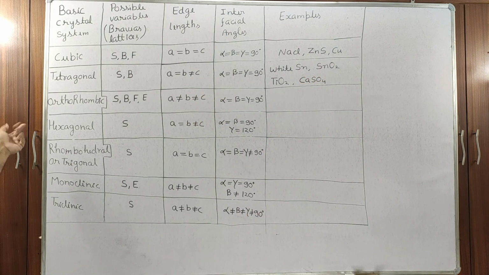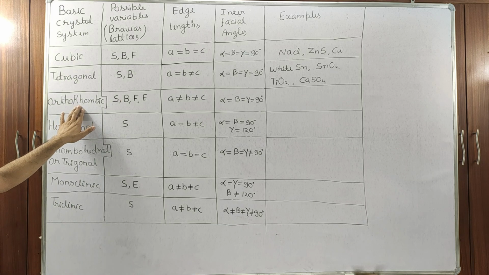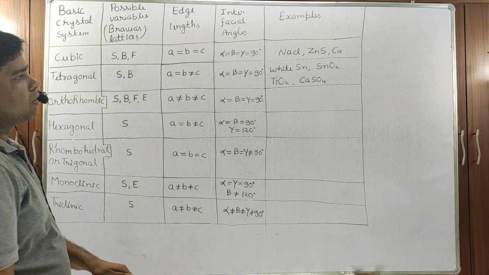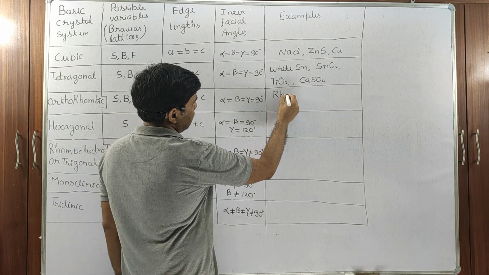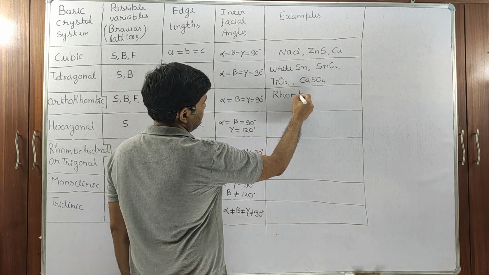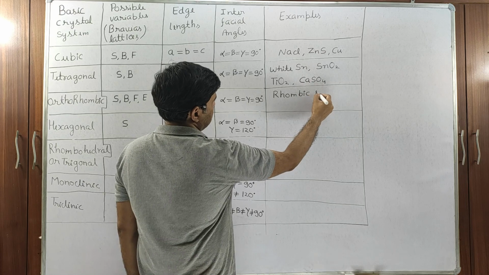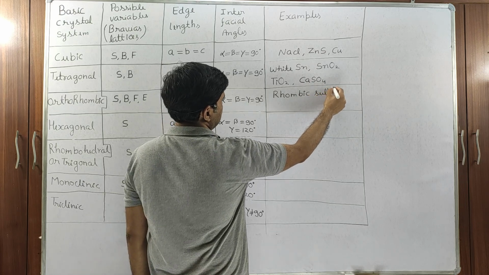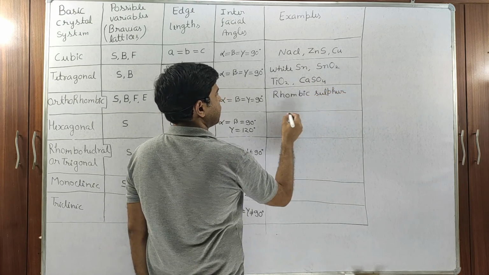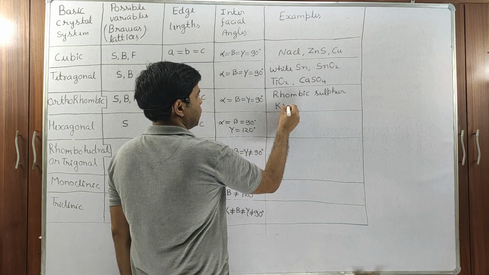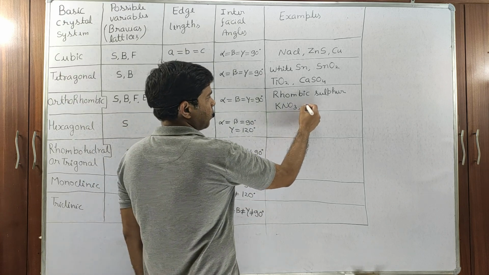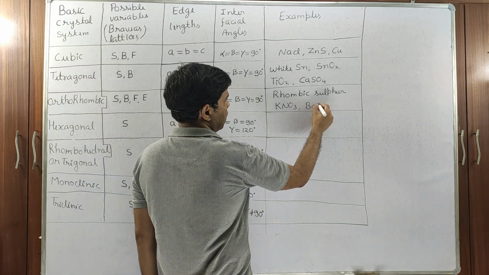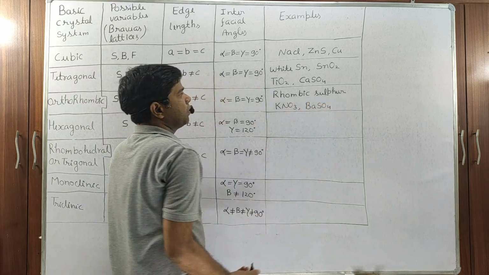Now we have the next, orthorhombic. In this case we have rhombic sulfur, KNO3, potassium nitrate and BaSO4, barium sulfate.